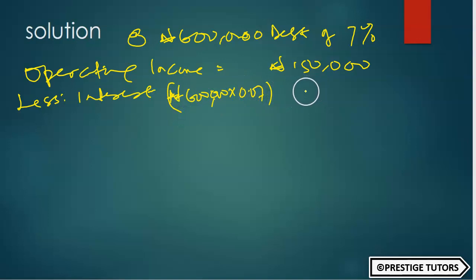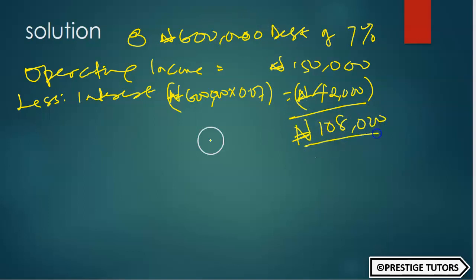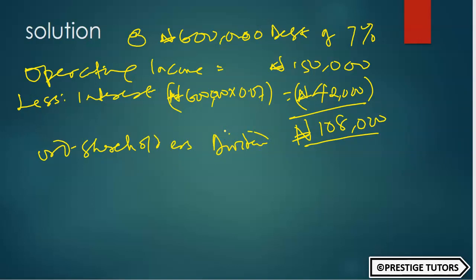That gives 42,000 naira. So the company now is paying 42,000 naira as interest to the debenture holder. The company is left with 108,000 naira, which is the ordinary shareholders' dividend. Since the assumption says the company retained nothing, the company pays every earning as dividend.